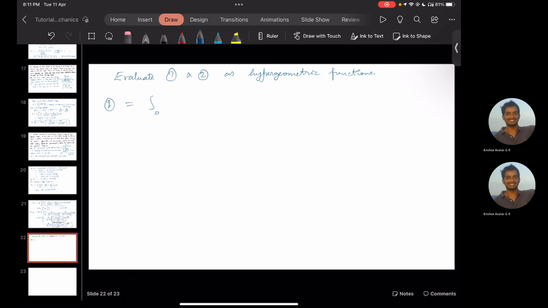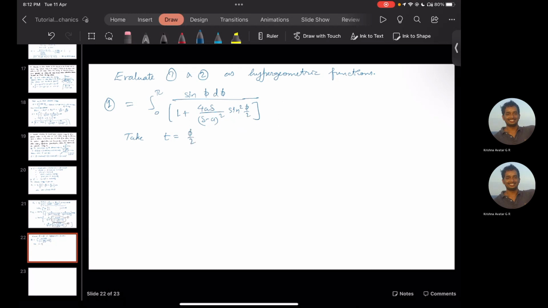Let's pick up the first integral. This one is equal to 0 to pi sine phi d phi divided by 1 plus 4a over del minus a whole squared sine squared phi by 2. Let's make some substitutions. Take t equal to phi by 2.